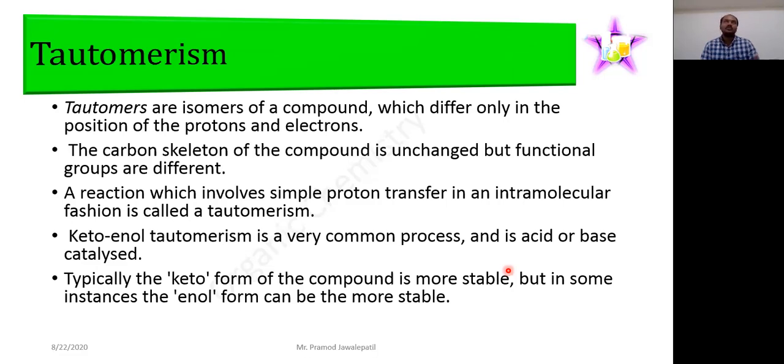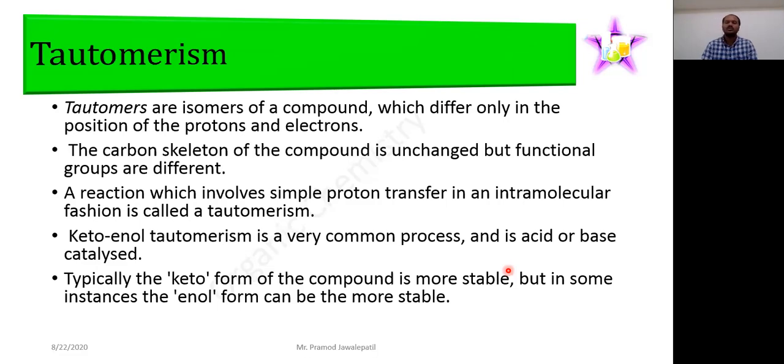Basically, we say that the keto form is more stable in keto-enol tautomerism, but like in the phenol system, the enol form is more stable, or whenever the aromaticity concept comes, then the phenol or enol form is more stable.